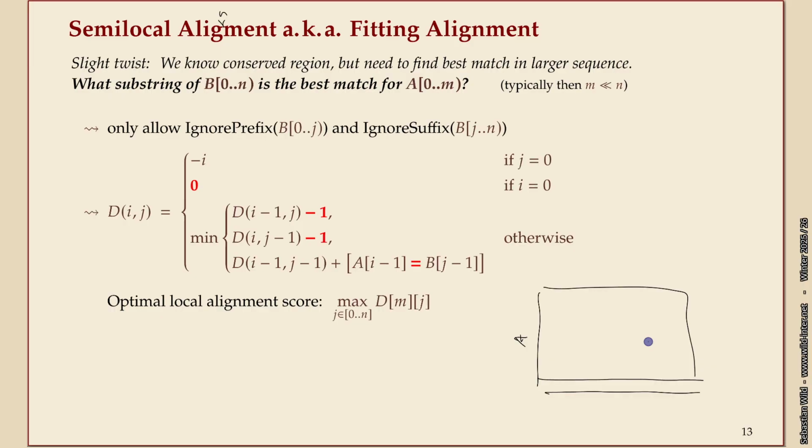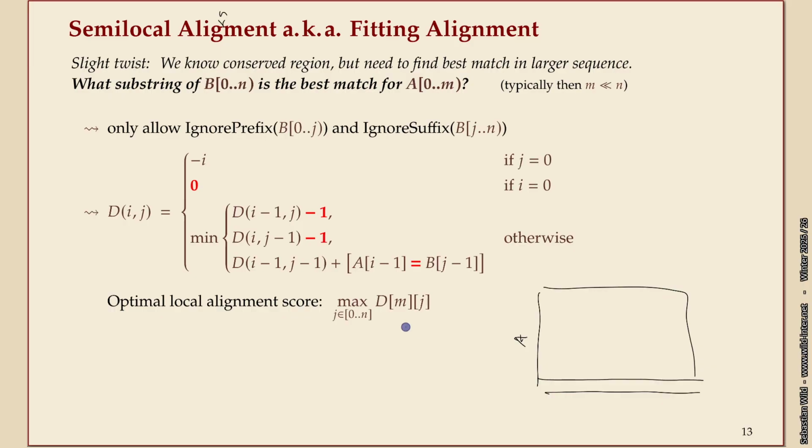Sorry, the other way around. So I'm finding A in B, so I want to ignore suffixes of B. Looks right.